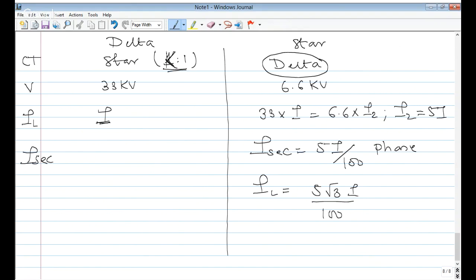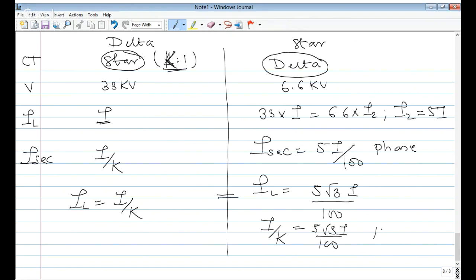Since the ratio is assumed to be K:1, it will be I by K. Now we know the current transformers are star connected, so the line current will be same as phase current, that is I by K. Now under normal condition, these two currents should be same so that differential transformer does not operate. That is I by K should be equal to 5 root 3I by 100, which means K should be equal to 20 upon root 3.